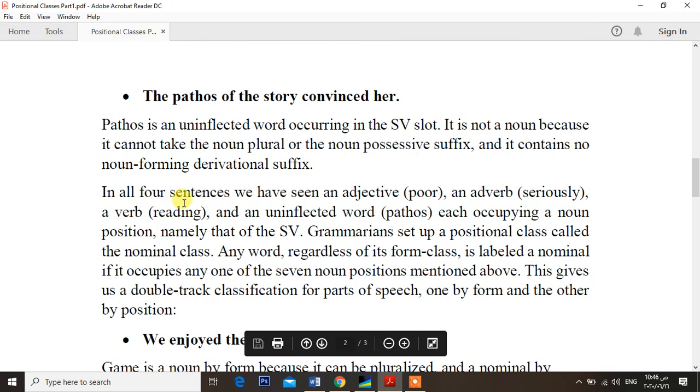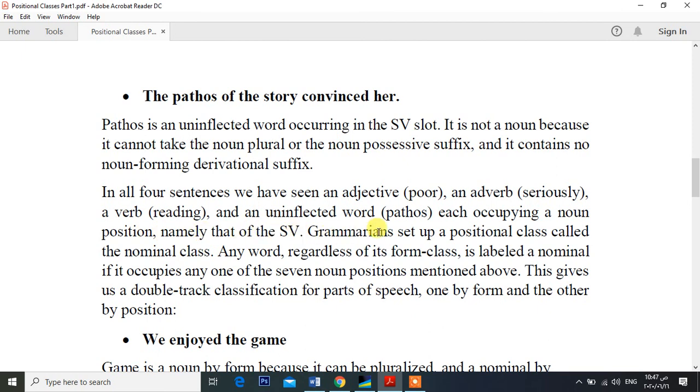In all four sentences, we have seen an adjective, poor, an adverb, seriously, a verb, reading, and an uninflected word, pathos, each occupying a noun position, namely that of the SV.